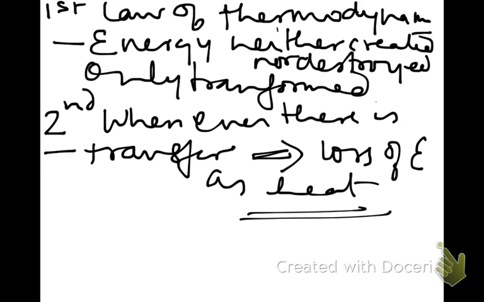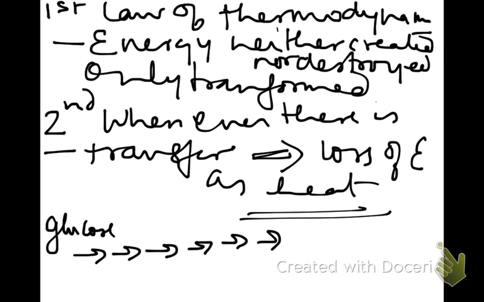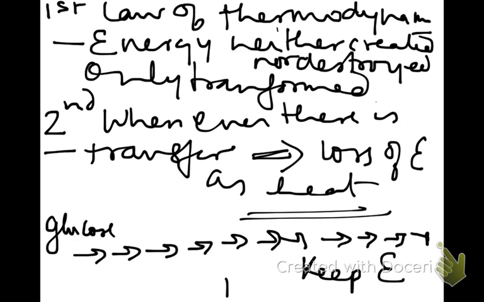Which means you have to look at this point: how is it even possible that the cell, from the step of glucose, going through so many series of small steps, is able to keep the energy intact? How?